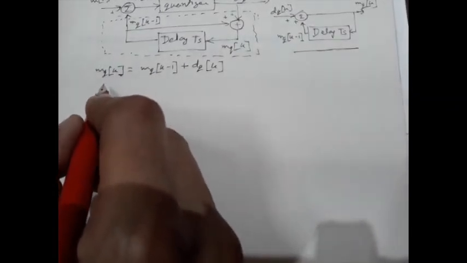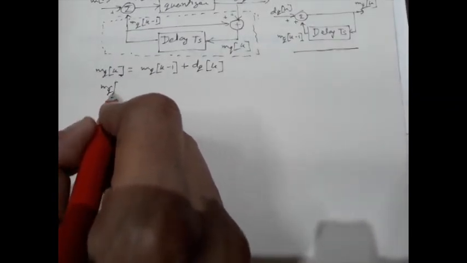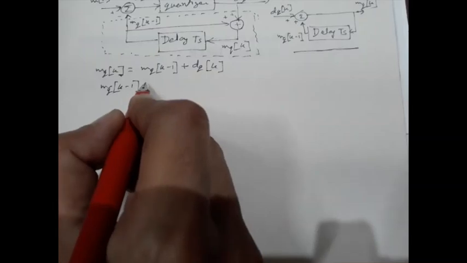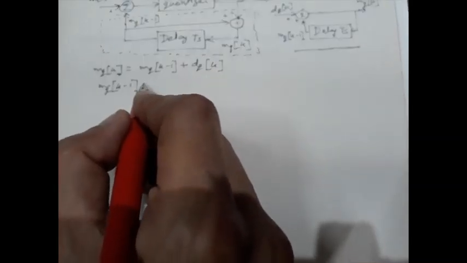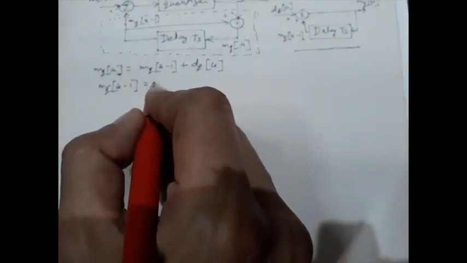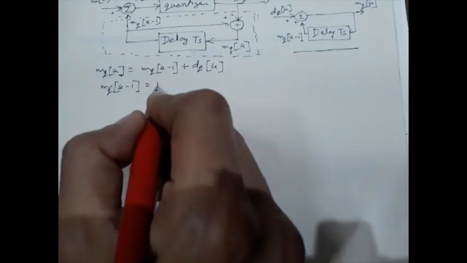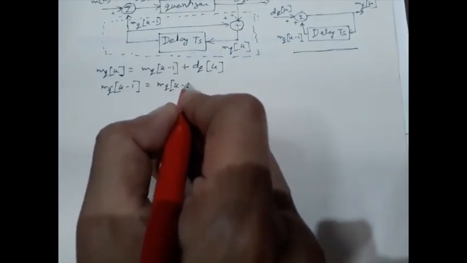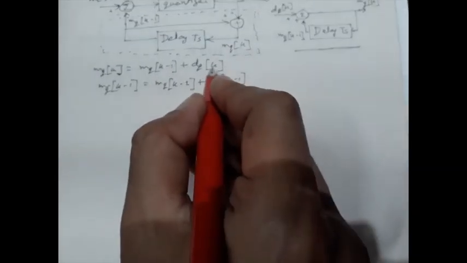So we can write mqk minus 1 equal to, it is a recurrence relation, so mqk minus 2 plus dqk minus 1. If we put k equal to k minus 1, then we can write this.